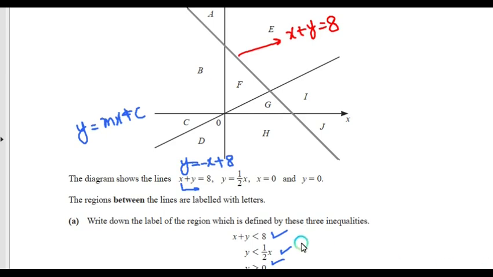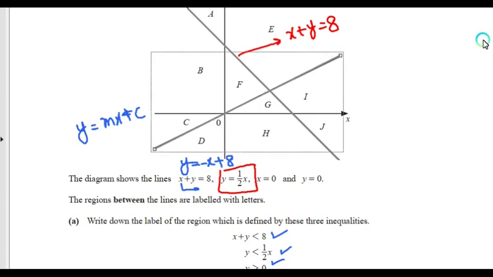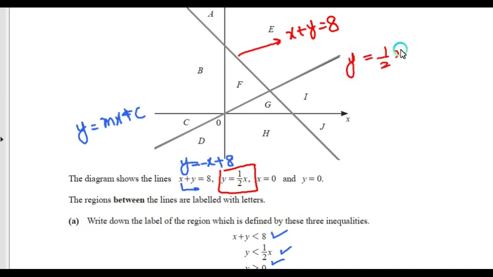Okay, the second one is y less than half of x, or y equals half of x. So this line has a positive gradient and passes through 0 on the y-axis, because its y-intercept is 0, right? So this line is this one. So I can write it as y equals 1 over 2x, right?